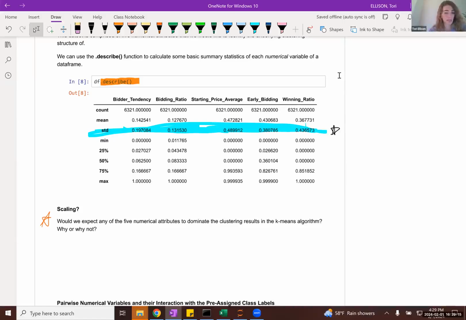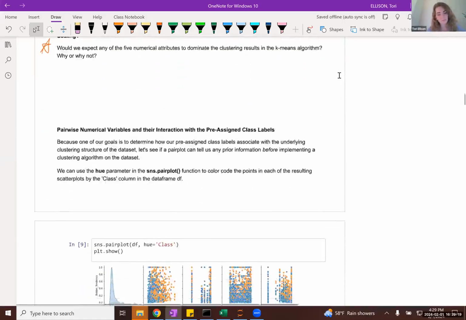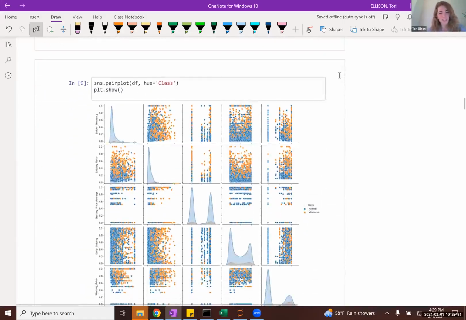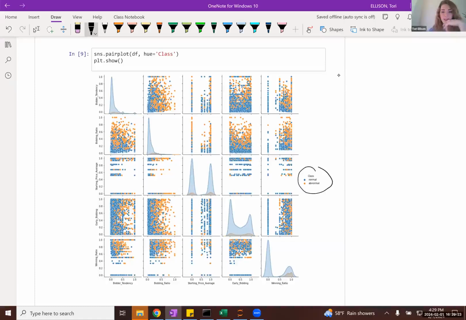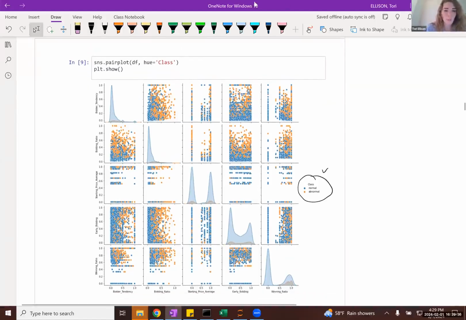Is that going to give us the kind of clustering results that we want? So we'll think about that in the homework assignment. Now, given that we have this set of pre-assigned class labels, it might also be a good idea to explore how these pre-assigned class labels relate to what we can see with our eyes.